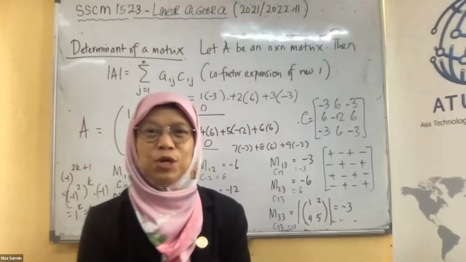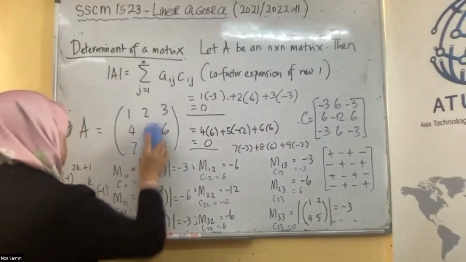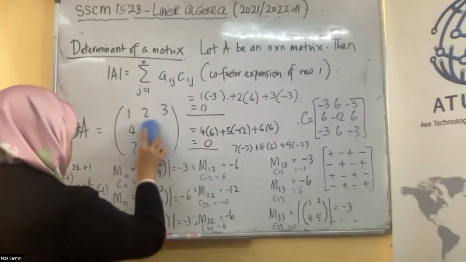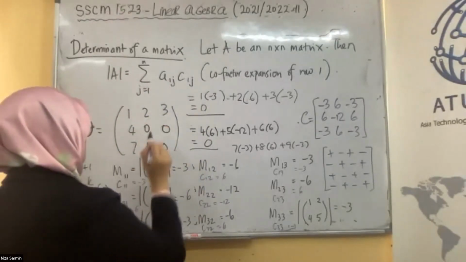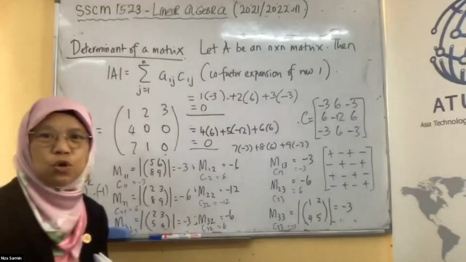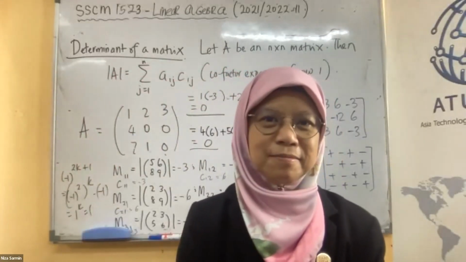Okay, so my question is, if you have probably another matrix, which column or which row would you pick to find the determinant?